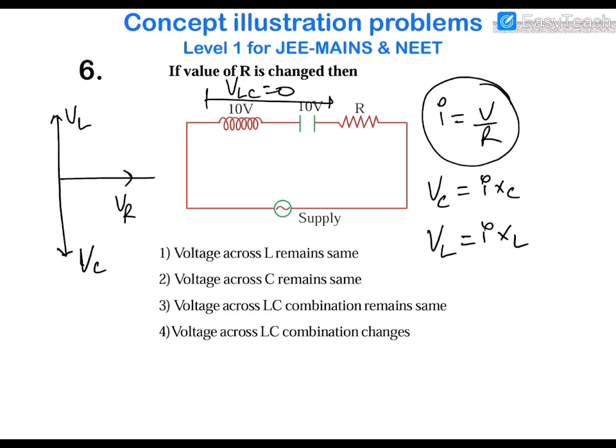Let's suppose you are increasing the current by decreasing the resistance. If you increase the current, the voltage across inductor and voltage across capacitor both will increase, but they will always be equal to each other. So the voltage across the LC combination will be zero always. So the correct answer will be option C. Now let's move on to the next question.